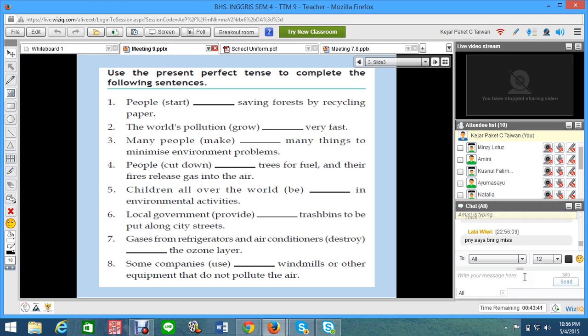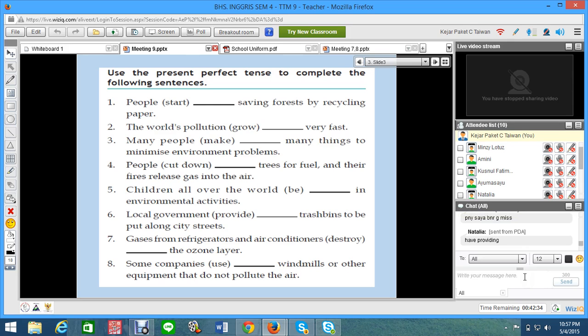Okay, now number 6. Come on. Local government.